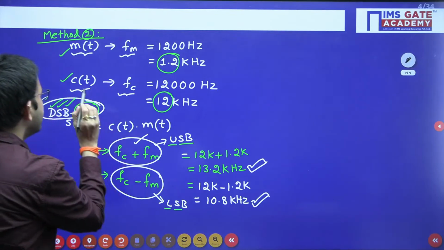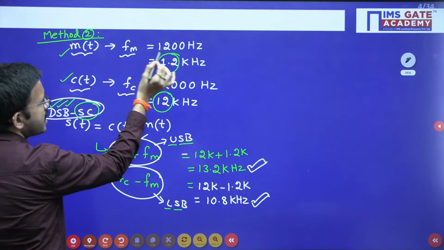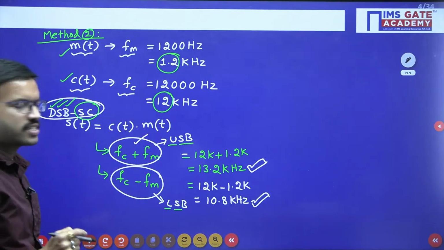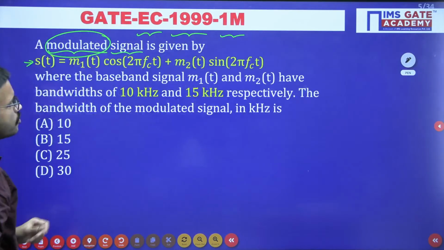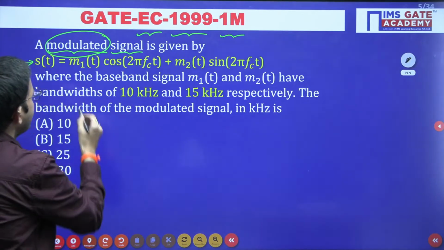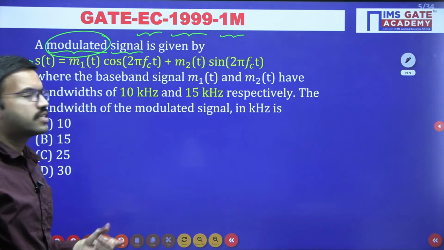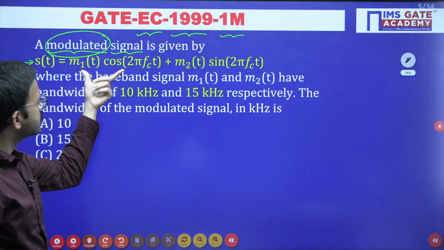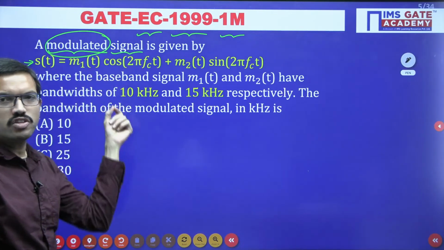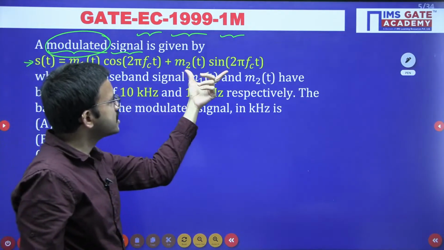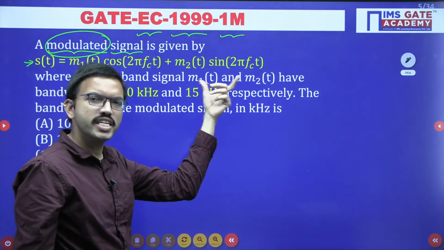Suppose the second term is not there and you look at only the first term, this is nothing but your DSBSC. Similarly, if the first term is not there and only the second term is there, that is also DSBSC, right?